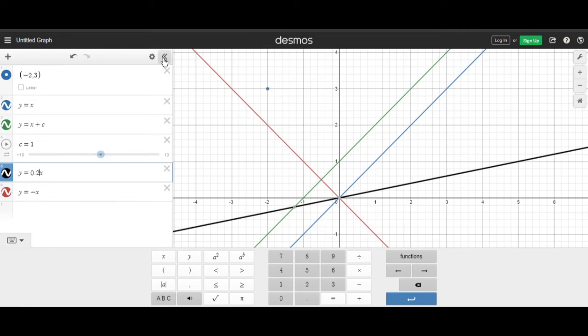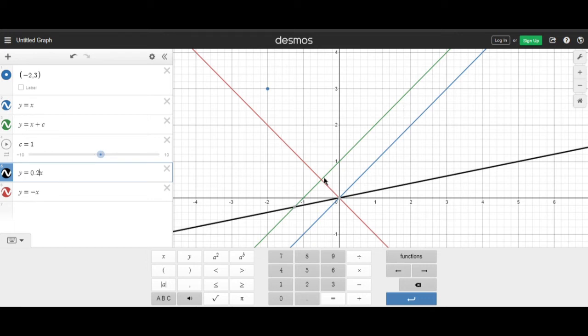But if we want the line in that direction, then the slope has to be negative. Here the slope is -1. Here it was 1. We can say with 1 it is going like this. When I'm increasing the coefficient of x, it is shifting like this. And if you want to make a line in that direction, you want it to be negative.